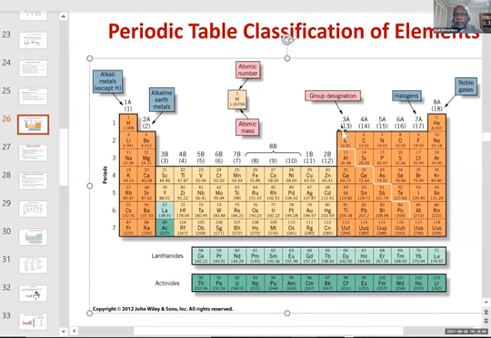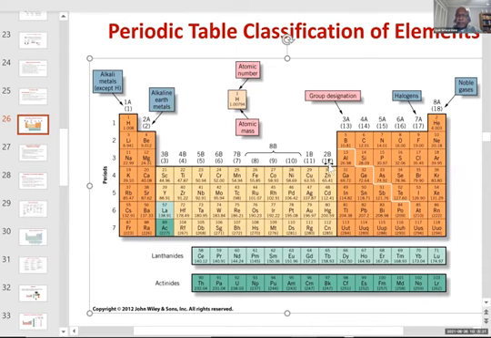And they are designated as 3B, after 2A: 3B, 4B, 5B, 6B, 7B, 8B. Sometimes we call it 9. 8B consists of all the elements in groups 8, 9, and 10. 1B is group 11, 2B is group 12, like that.